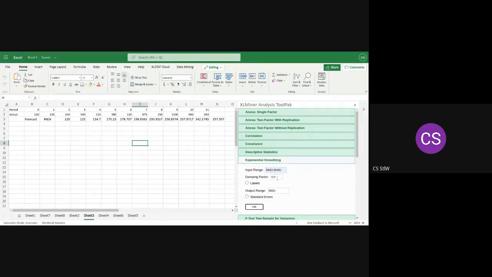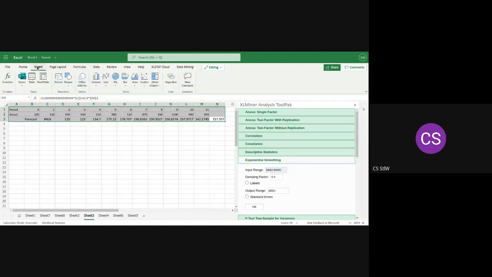Okay, let us first plot that and see how that looks like. So just remember the actual had a lot of peaks and valleys. So let us see how this will look like. Let me just add df standing for damping factor, and let us just write alpha.